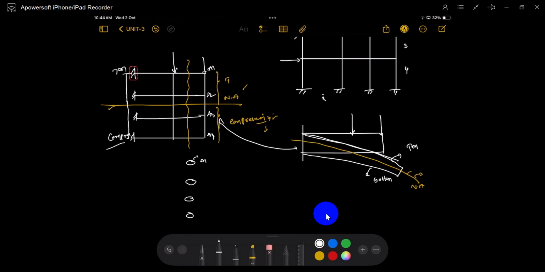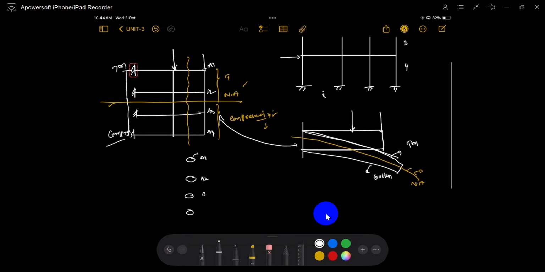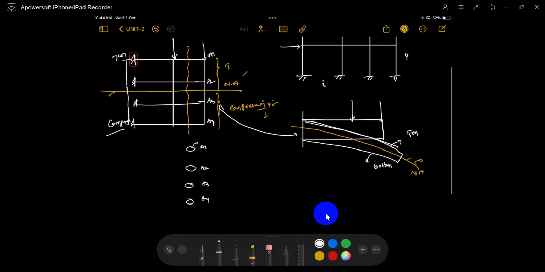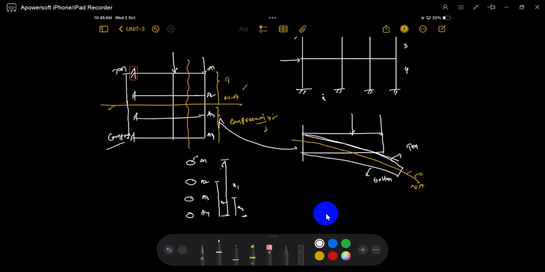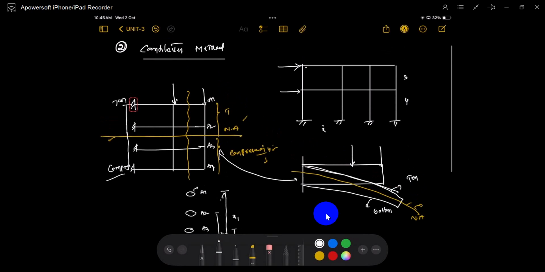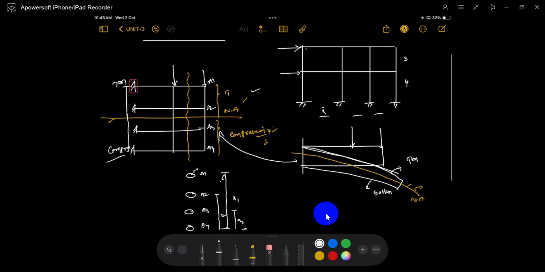So this is A1, A2, A3, A4, and the distances are x1, x2, x3, and this is 0. You may call it y also, but for this horizontal axis we think of it as a cantilever in the vertical axis, so I gave x.